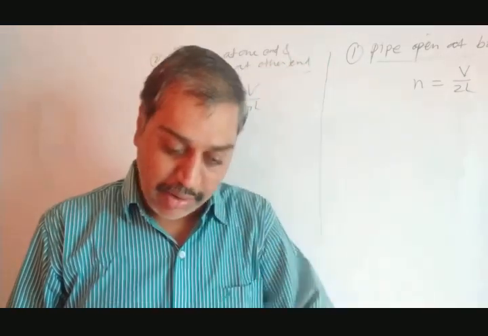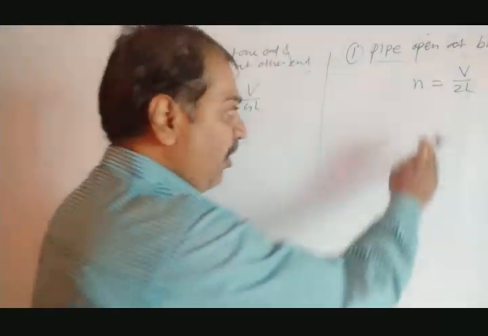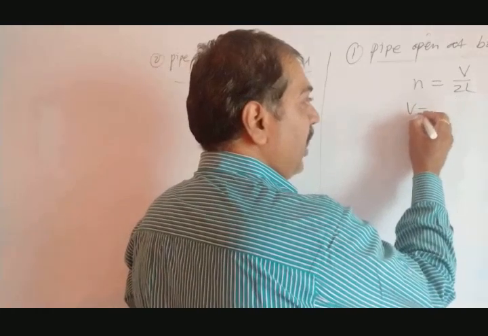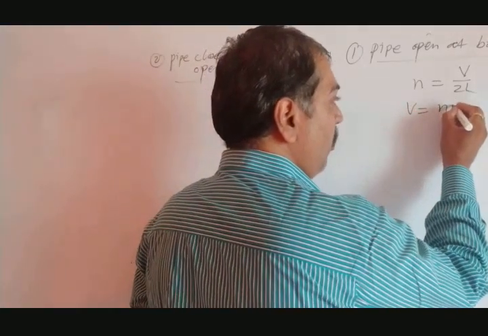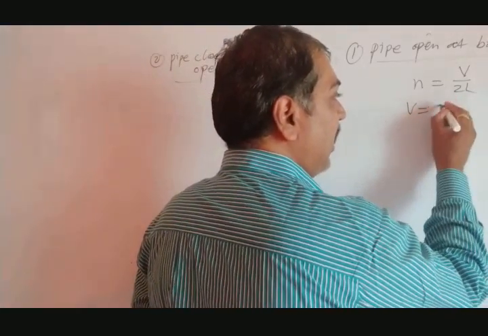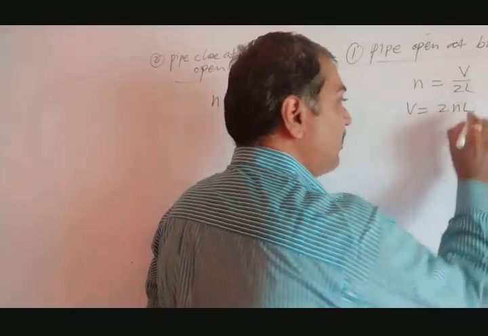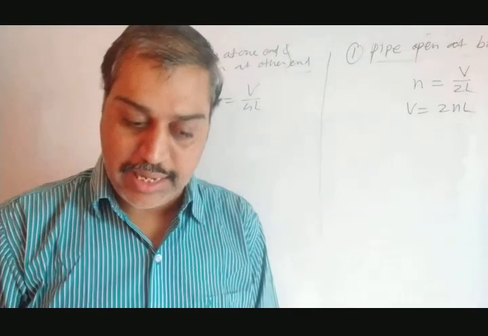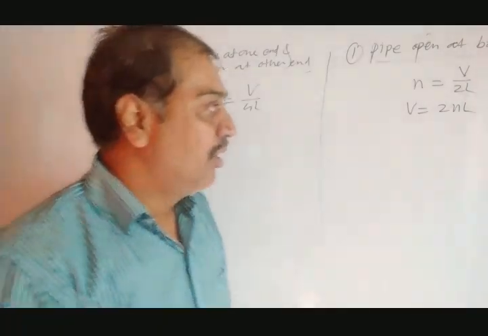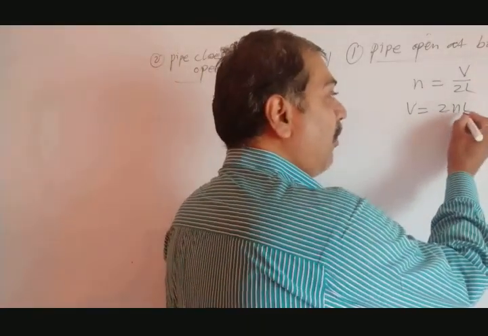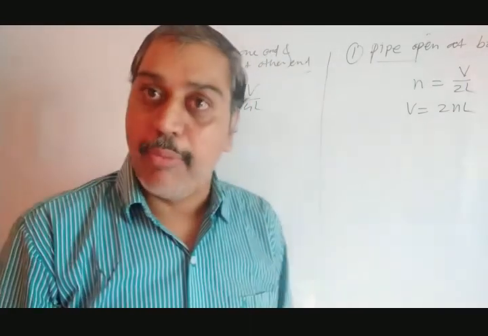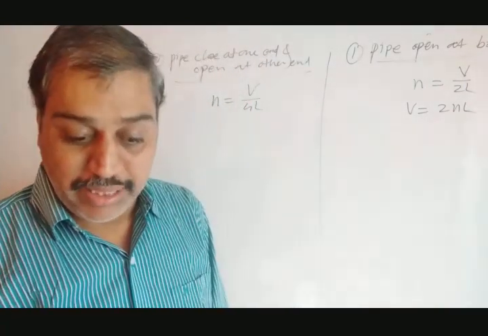Now find out the value of V from this. V equal to N into twice L, or you can write directly twice NL. Suppose it is twice NL for one pipe.